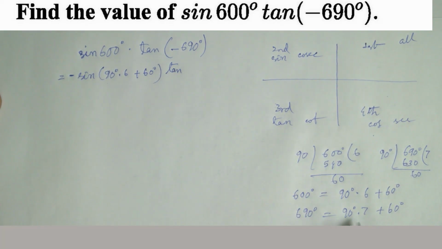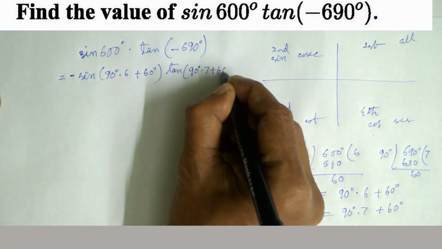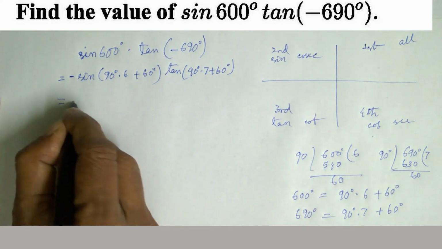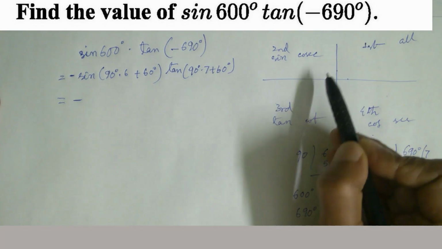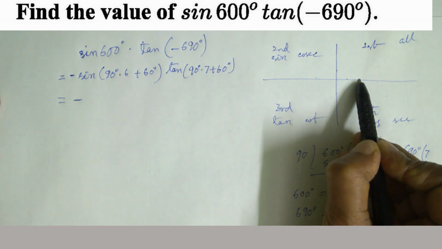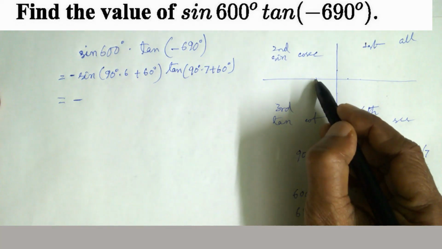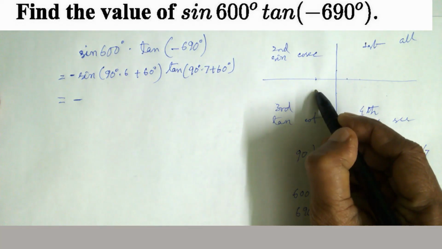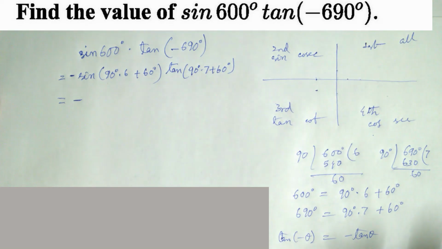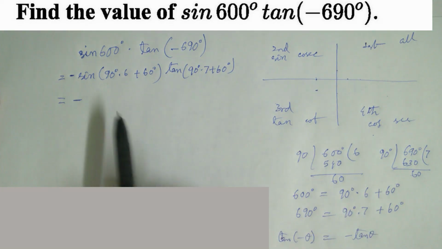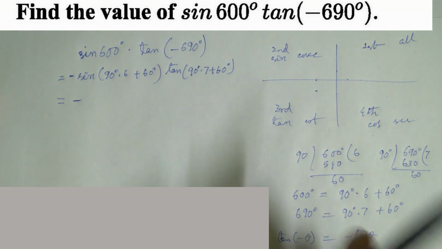For 690 writing this, 90 degree into 7 plus 60 degree, that is equal to minus sine, as it is 600, 90, 180, 270, 360, 450, 540, 630, it will end here. After that 60 degree, that means it is falling in the third quadrant, sine negative, and it is an even multiple of 90 degree, so sine will remain sine.